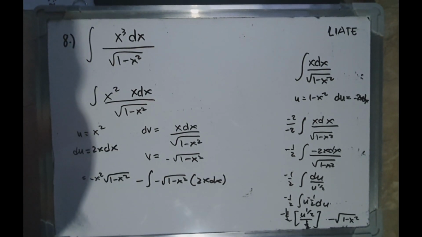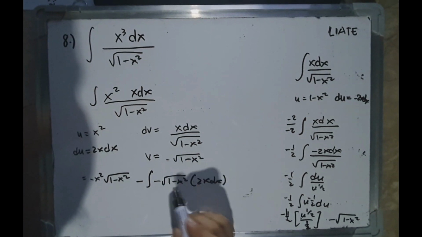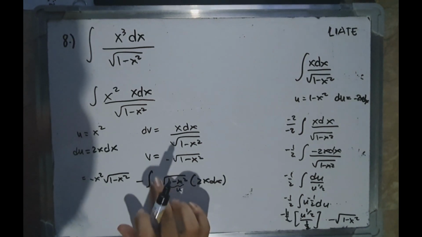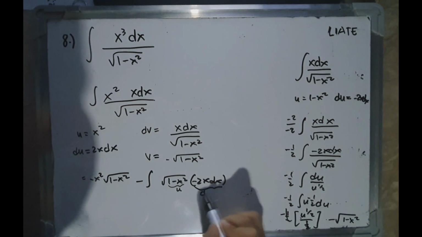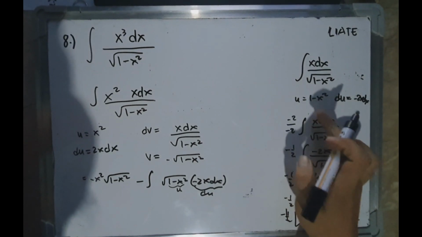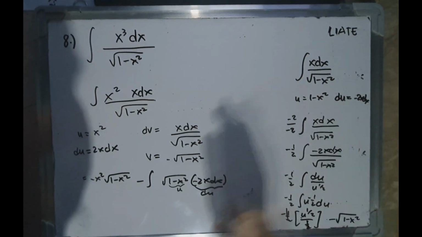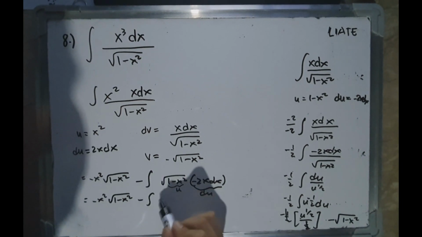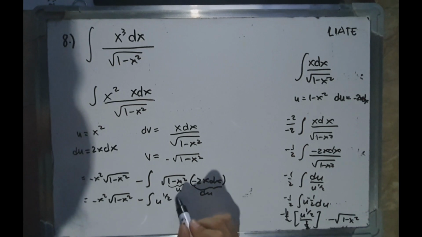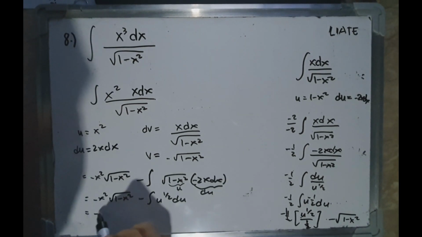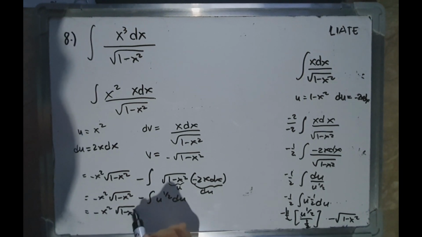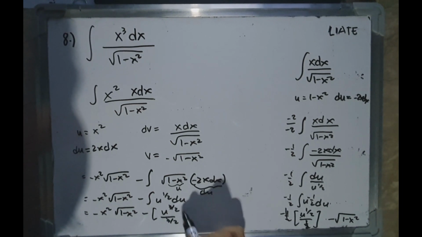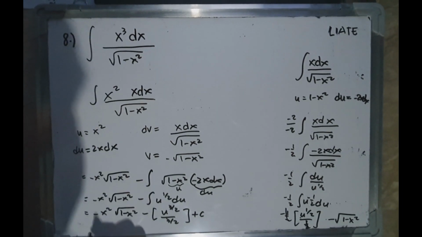Okay, so if this is the u, then this is the du according to here, 1 minus x squared, negative 2x dx. So negative x squared, square root of 1 minus x squared, minus integral of u raised to the power of 1 half, and this one is the du. So we now have negative x squared, square root of 1 minus x squared, minus u to the 3 halves over 3 halves plus c.